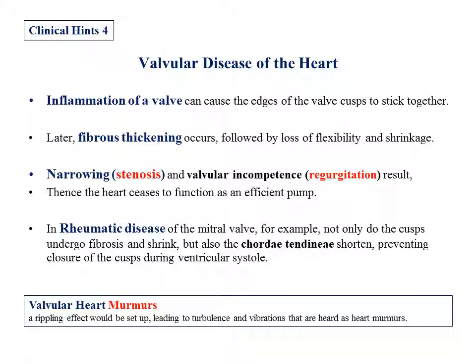A rippling effect is set up, leading to turbulence of the blood coming and going, not the perfect pathway, and vibrations in each of the valves, expressed as heart murmurs.